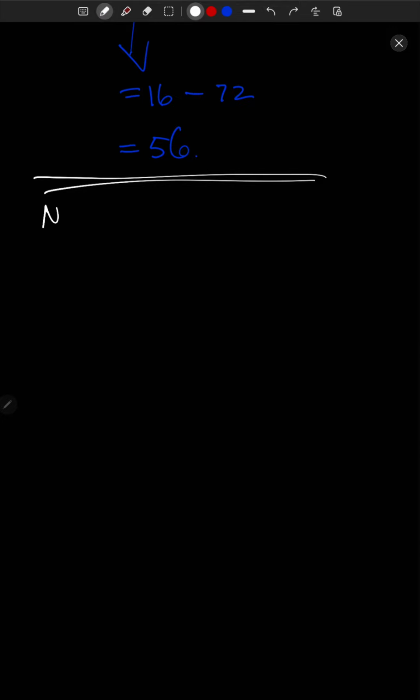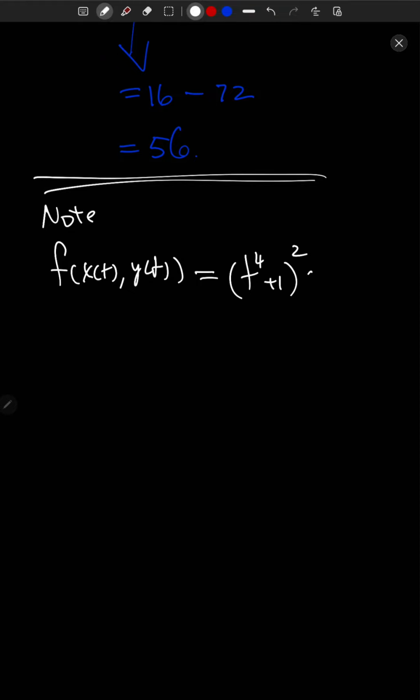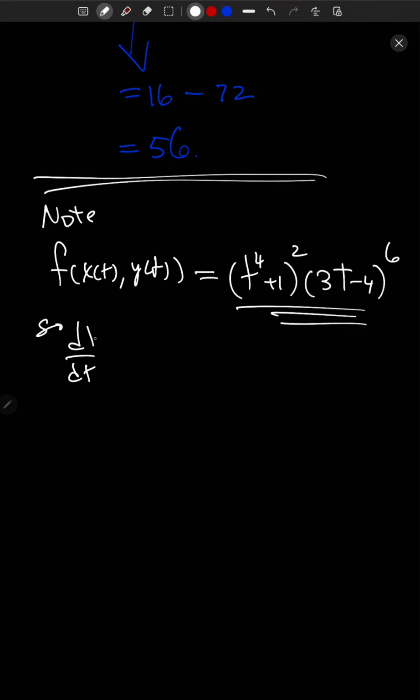So note f of x of t, y of t, is actually equal to t to the 4th plus 1 squared times 3t minus 4 to the 6th, right? As just a one variable function. And so you can actually just do d/dt of this, right? So d/dt of f is just equal to d/dt of this guy right here. And this is purely single variable calculus.